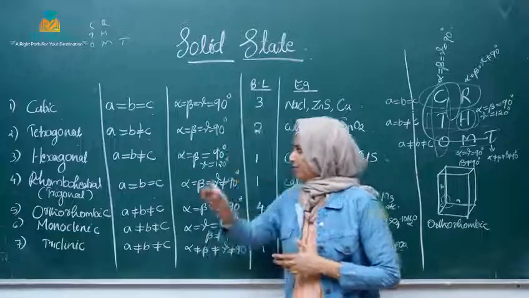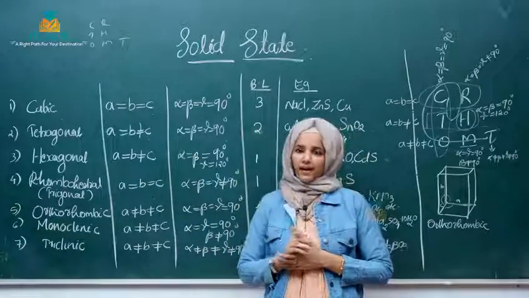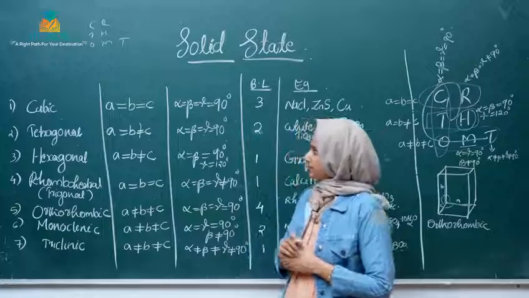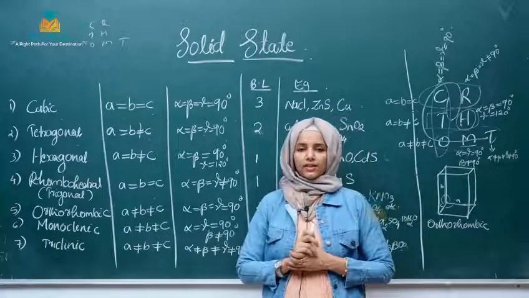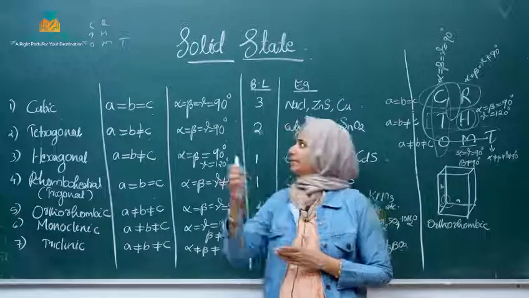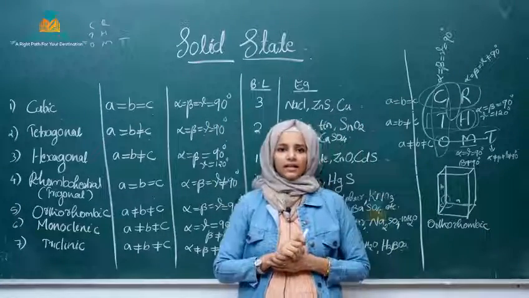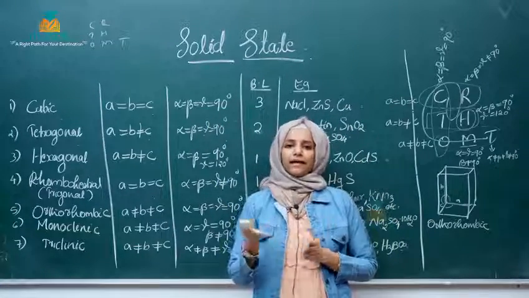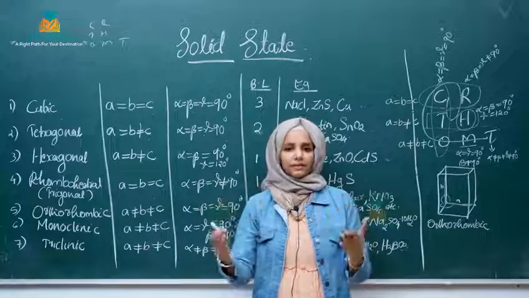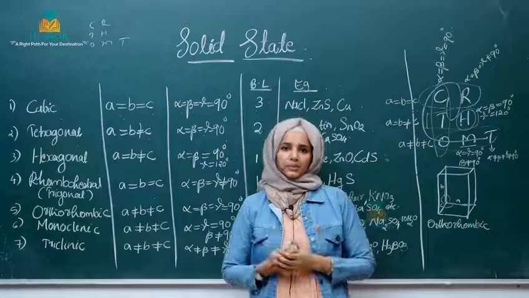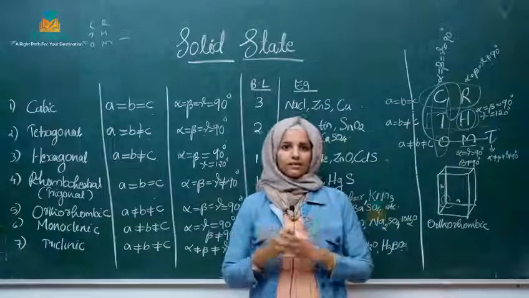So I told you we have 7 crystal systems and 14 Bravais lattices. In the cubic system, we already discussed, we have 3 Bravais lattices. We didn't mention the name Bravais lattice there, but we already discussed the systems, the unit cell, and we calculated the number of particles per unit cell also. I think you all remember.